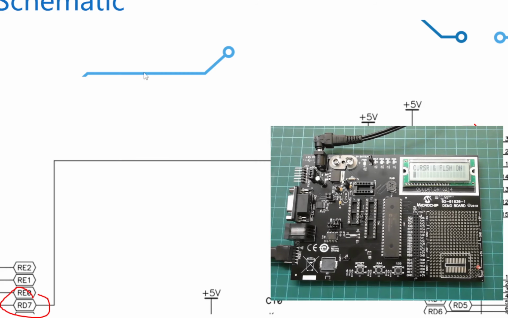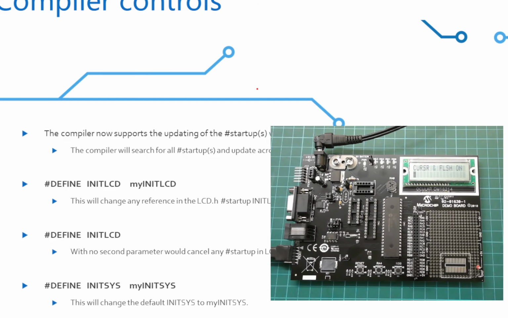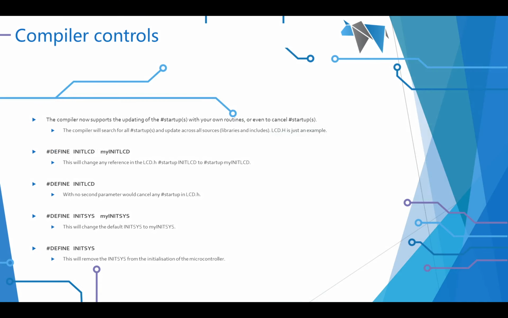Let me take you through that control. The compiler now supports the updating of these startups with your own routines. You can even cancel the startups, so you could write your own. The compiler will search for all the startups and update all the sources across all the libraries as you see fit, just as in this example I'll show you.